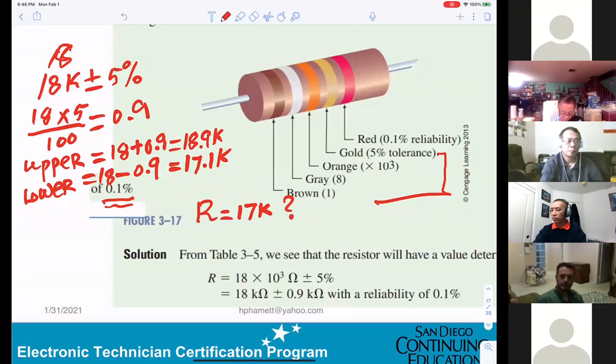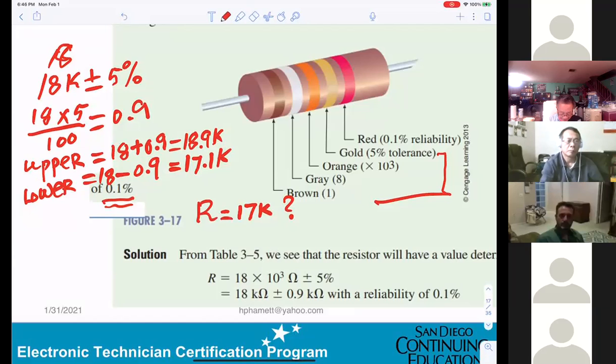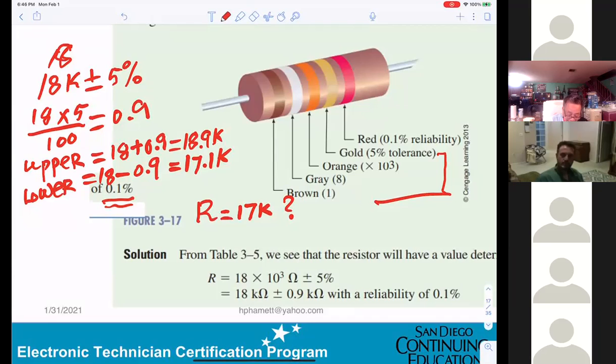Should be okay. No, it's not okay. Shouldn't you put 17.1, the exact? Okay. The range goes from 17.1 up to 18.9, so that resistor would still be good.